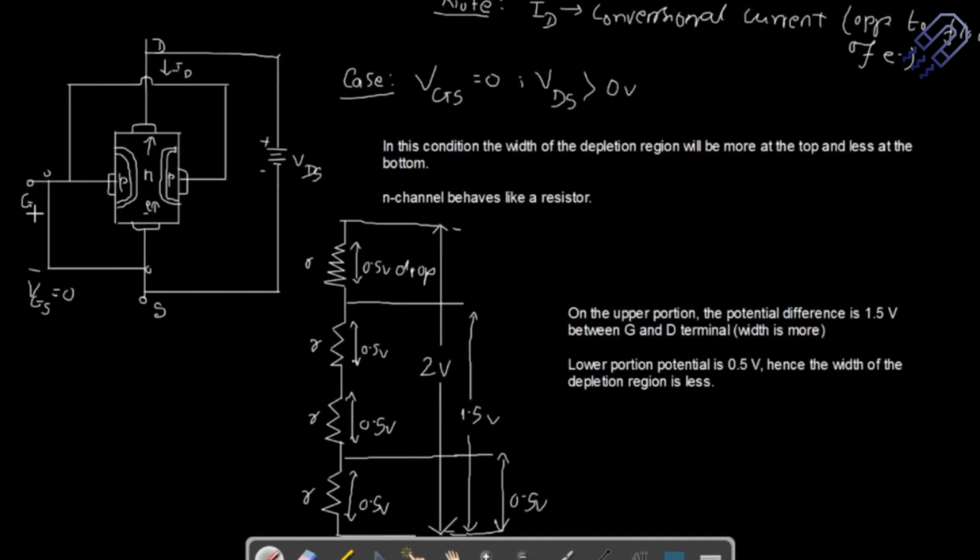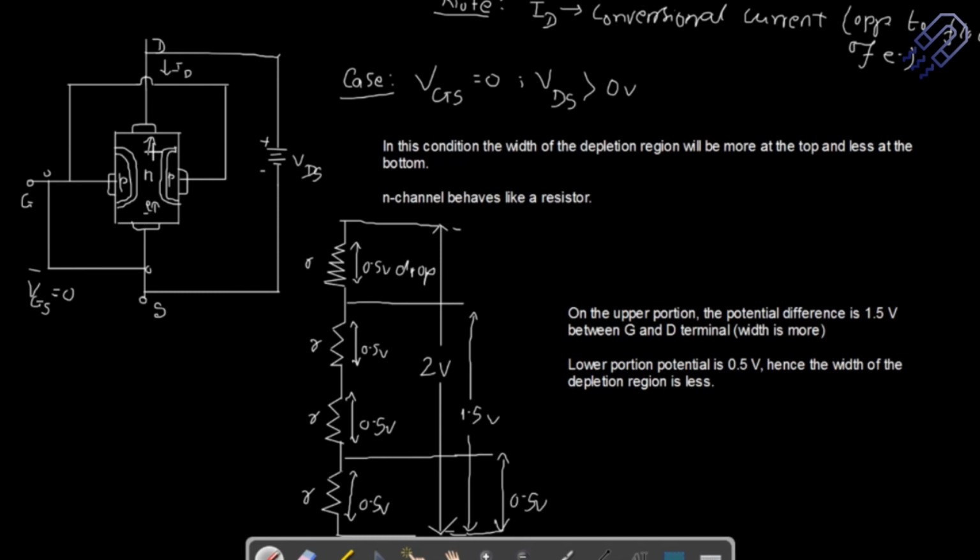If we have VGS as 0, you are going to have some kind of electrons flowing. But if you keep on changing the biasing on this side, you are going to increase the width of the depletion region, and at some point you are going to get a total cutoff of any charge carriers flowing.